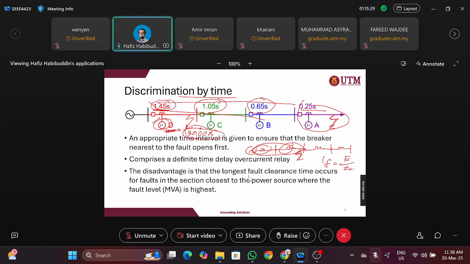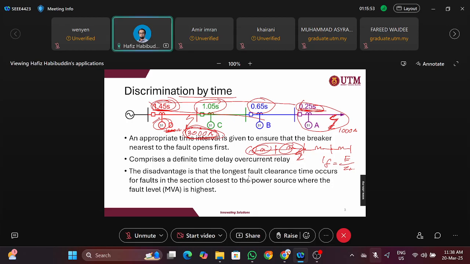This is more critical, can bring more harm and more damage to the equipment, but you are very slow. But this relay sees a fault current of 1000 amp only, yet it acts very fast. It seems to overreact, right? So that's the problem.